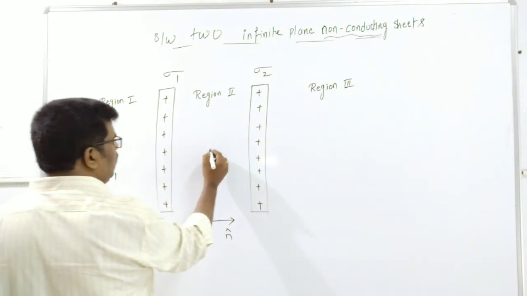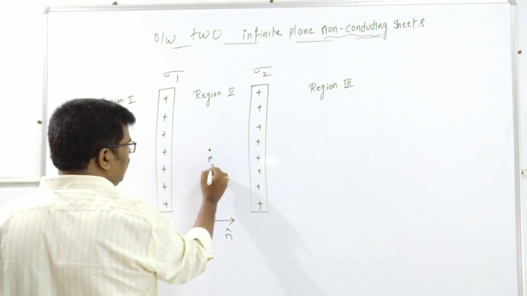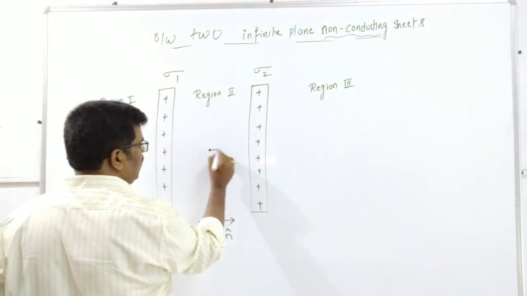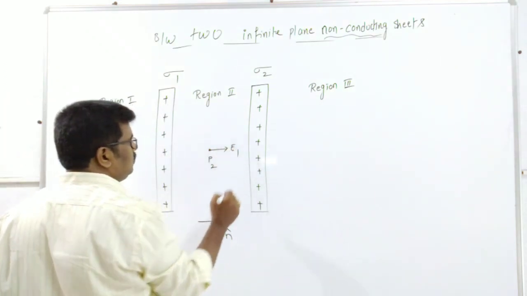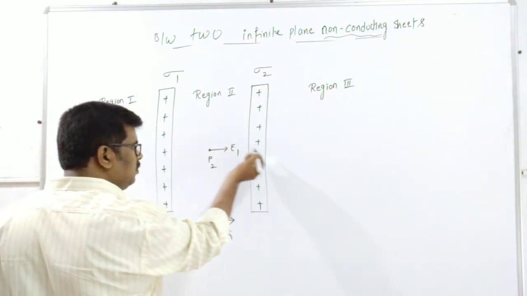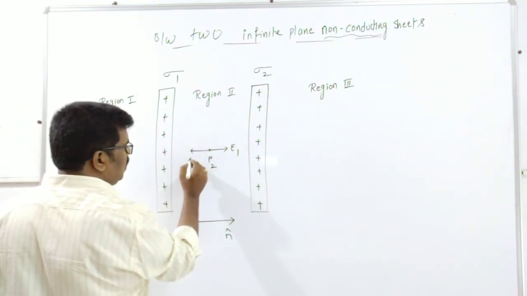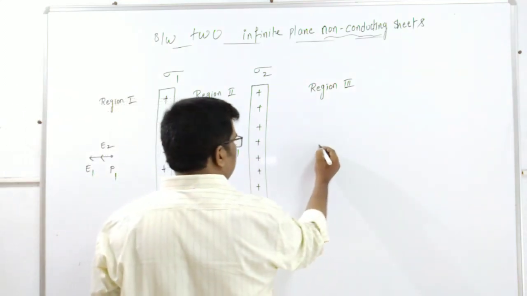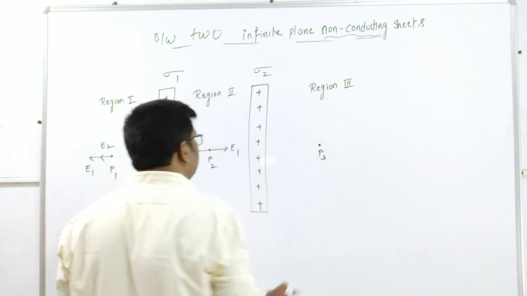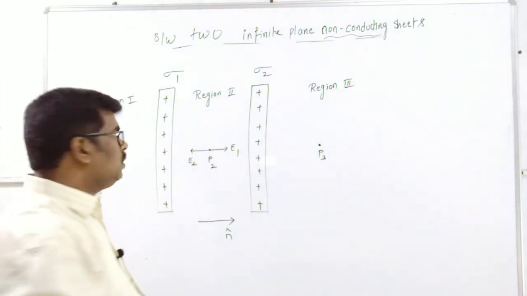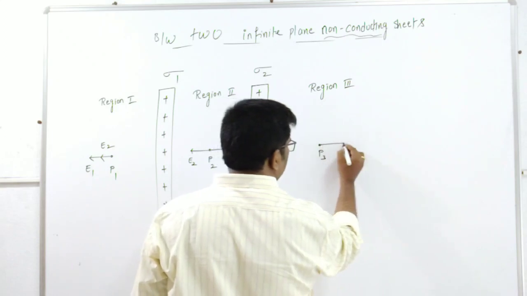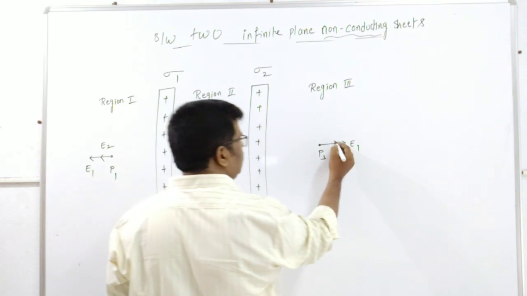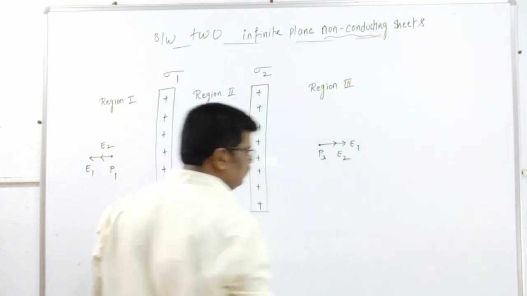Similarly, at the point between the plates, that is P2, the electric field due to the first sheet is away from it, that is E1, as well as due to the second sheet, away from it, that is E2. And in the third region, at point P3, first one is away from it, E1, as well as the second one is also away from it, that is E2.